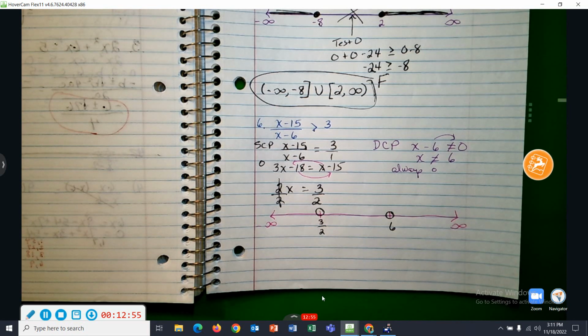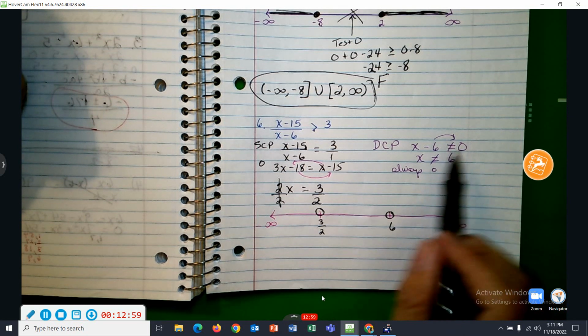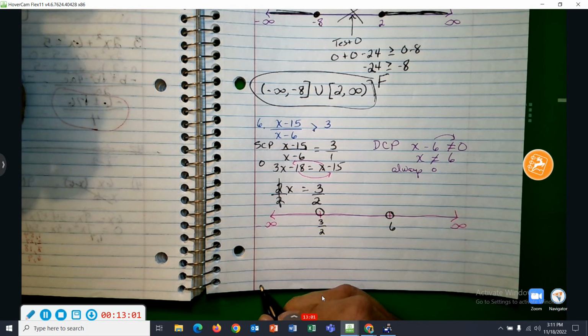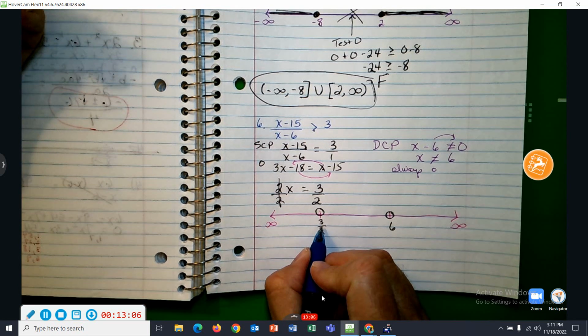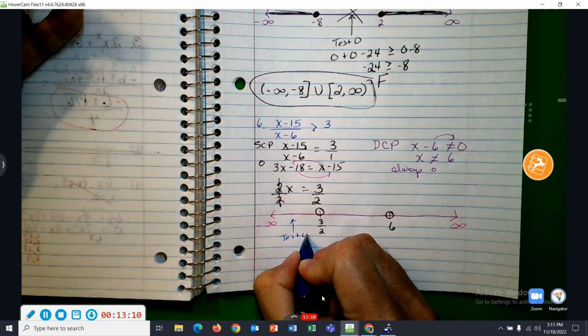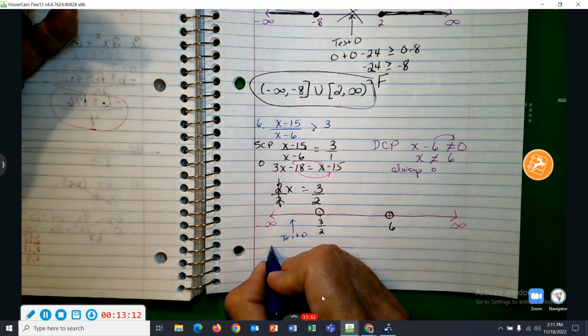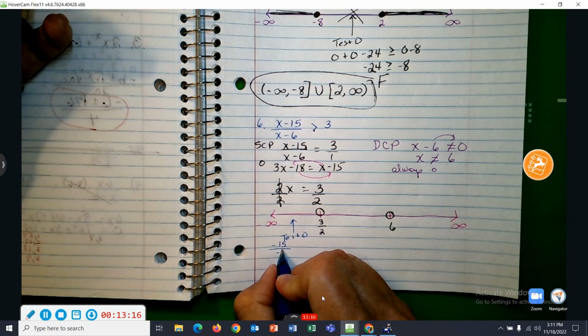Now, I'm going to test 0. There were no repeated factors, no factoring at all there, so it's alternating. Let's test 0. 0 lies between a negative and a positive. 0 minus 15 is a negative 15. 0 minus 6 is a negative 6.